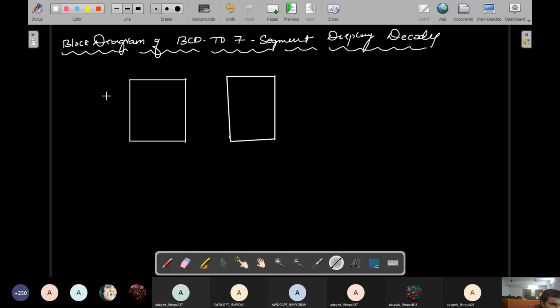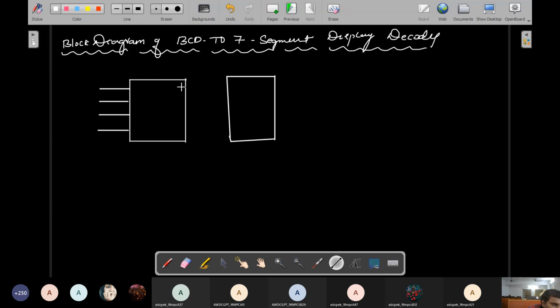We are using 4 inputs, given as BCD. This is the first terminal, second terminal, third terminal, and fourth terminal.